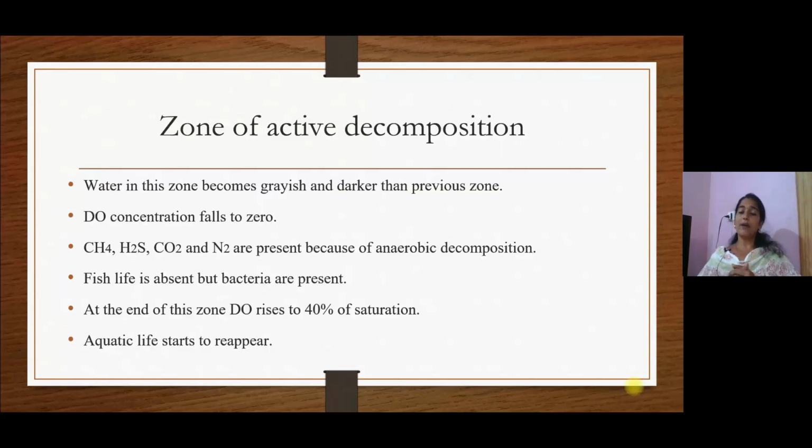Then the zone of active decomposition. Water in this zone becomes grayish and darker than the previous zone because the dissolved oxygen concentration falls to zero.